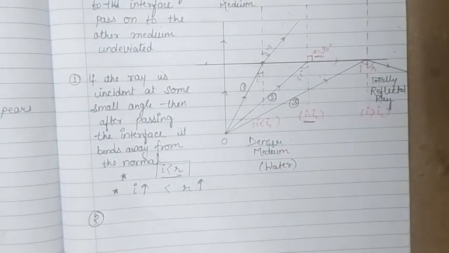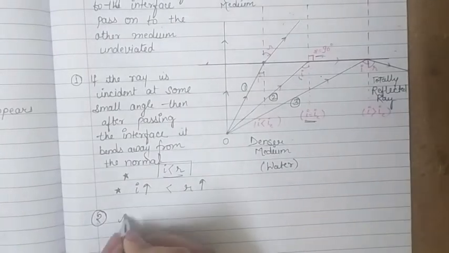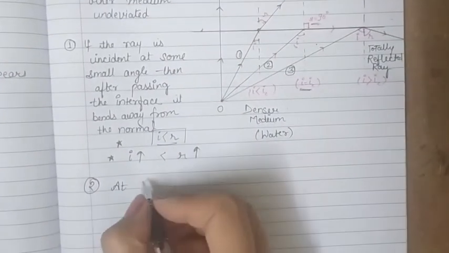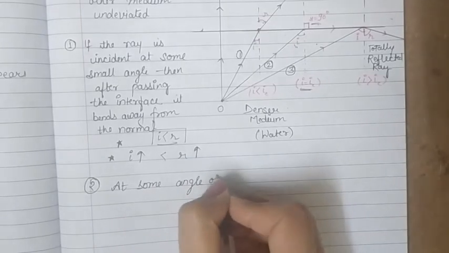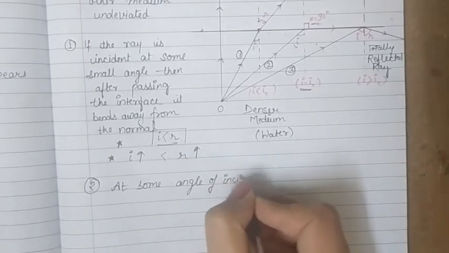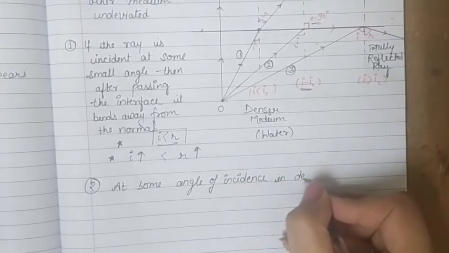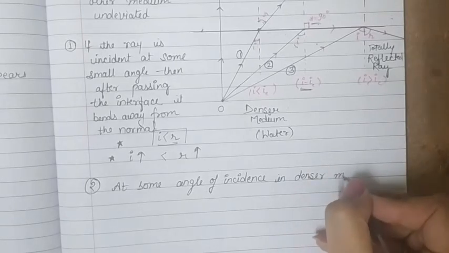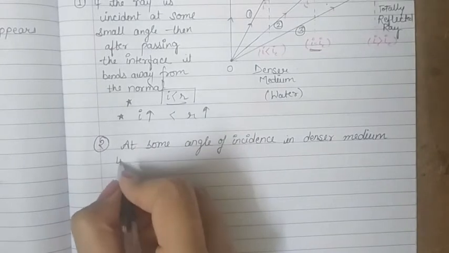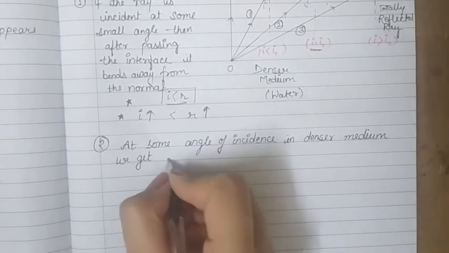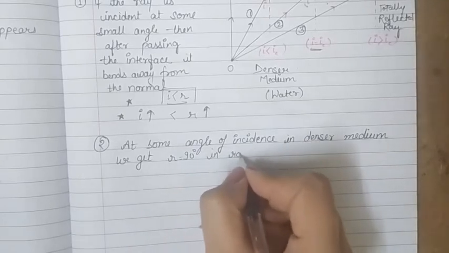So at some angle of incidence in the denser medium, we get r, or angle of refraction, equal to 90 degree in a rarer medium.